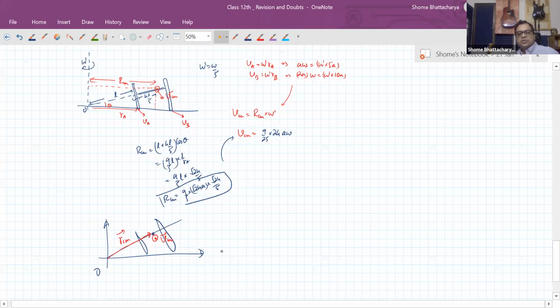So this term RCM cross MVCM, this vector will be like this. This will be your RCM cross MVCM. We can write this as the angular momentum of the center of mass about the point O. Okay. So you can do the cross product and see it's like this.